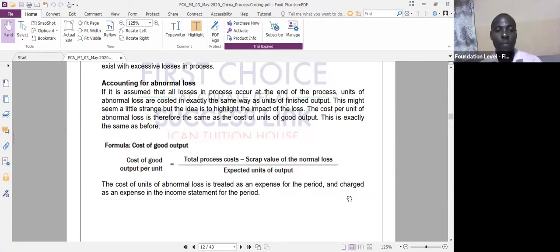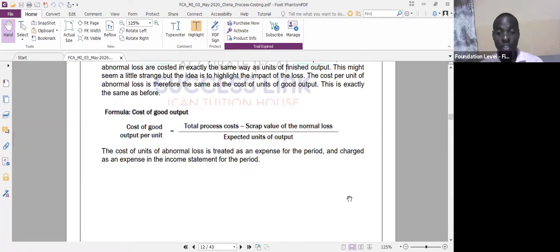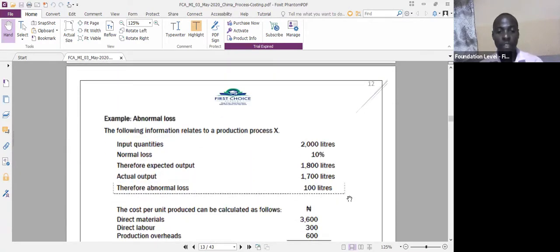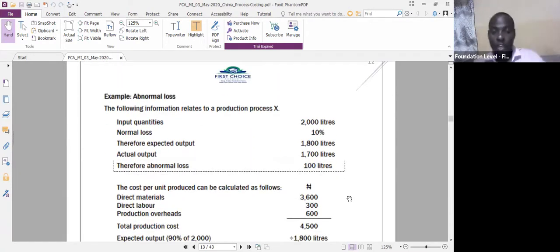Okay, so let's go and see one question now to understand this process. The following information relates to product X. Now look at it here. How will you know you have abnormal loss? You have 2,000 units of input material. You have a 10% normal loss expected.